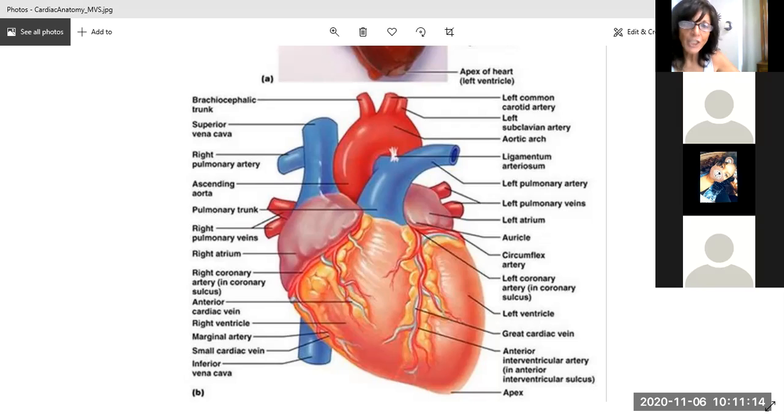The ejection fraction is a percentage, a measurement of how much blood the left ventricle is able to push out into the aorta. And a normal EF, or ejection fraction, is somewhere between 50 to say 65 or 70%. If it's anything less than 50%, you have heart failure.